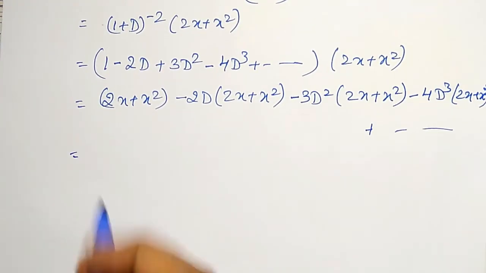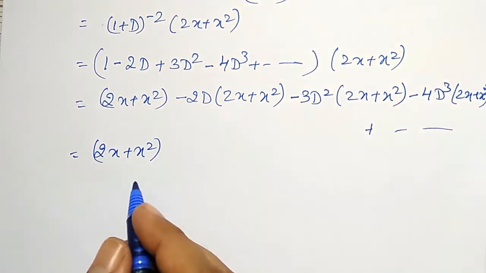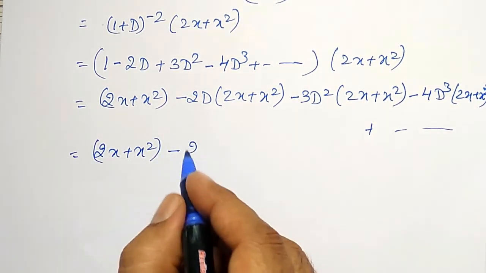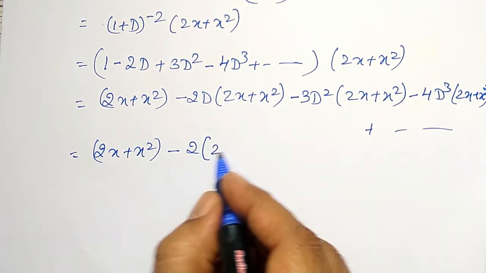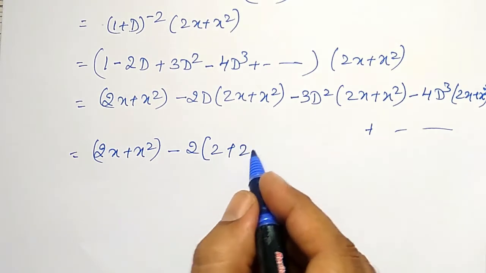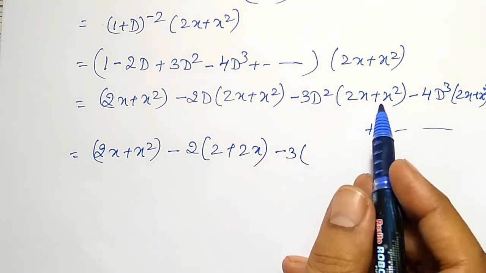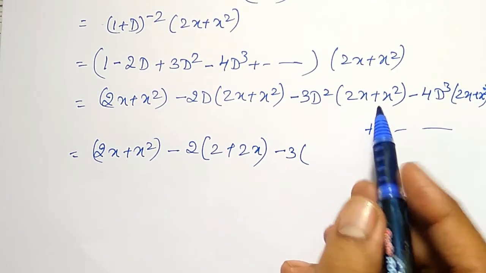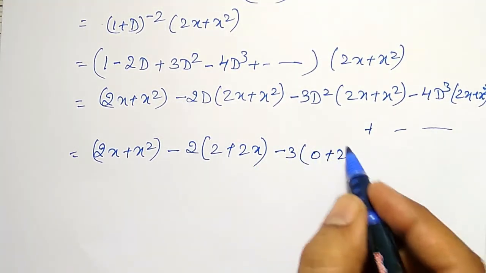Now, 2x plus x square as it is, minus 2 into the differentiation of 2x plus x square. Differentiation of 2x is 2, differentiation of x square is 2x. Minus 3 into the second derivative of 2x plus x square: the first derivative is 2 plus 2x, another differential will become 0 plus 2.